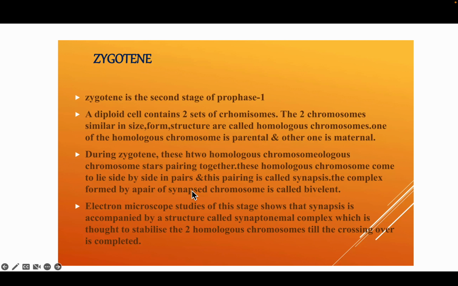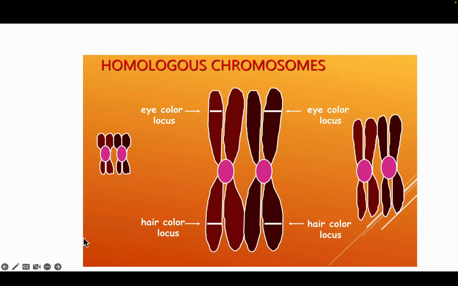The complex formed by a pair of synapsed chromosomes is called a bivalent. Electron microscope studies of this stage show that synapsis is accompanied by a structure called the synaptonemal complex, which is thought to stabilize the two homologous chromosomes till crossing over is completed.